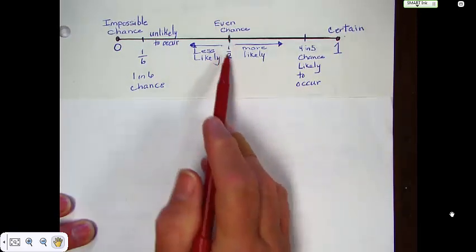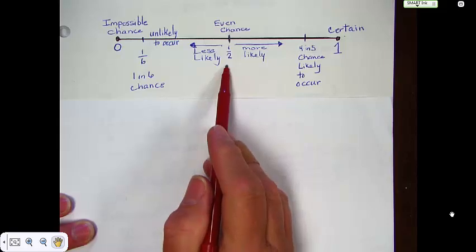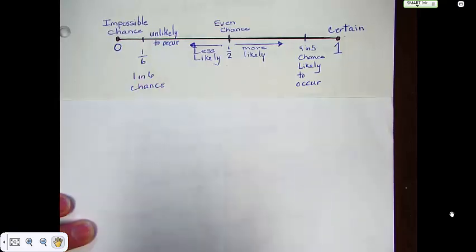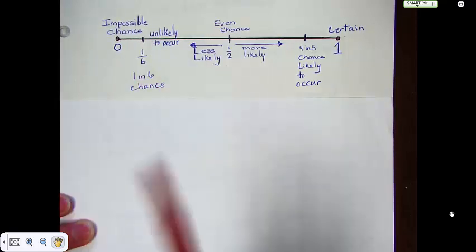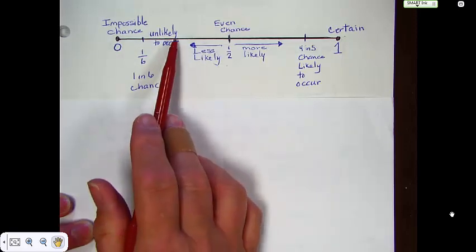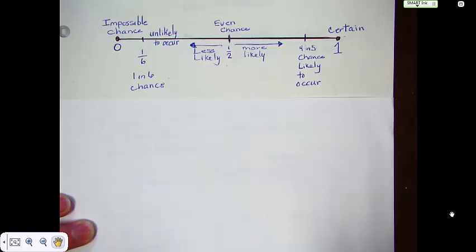Even chance, half and half. A good example is heads and tails. When you start moving to the left of half, it's not as likely to occur. It might be a 1 in 6 chance, or a 1 in 4, which is not very likely.